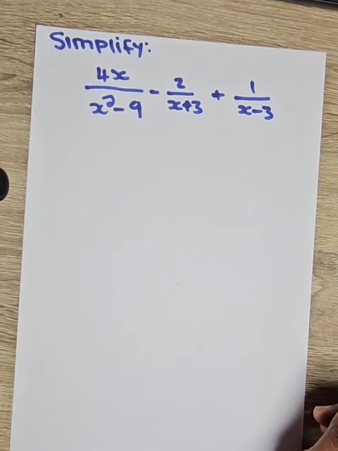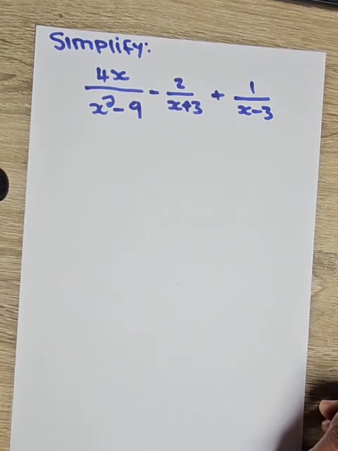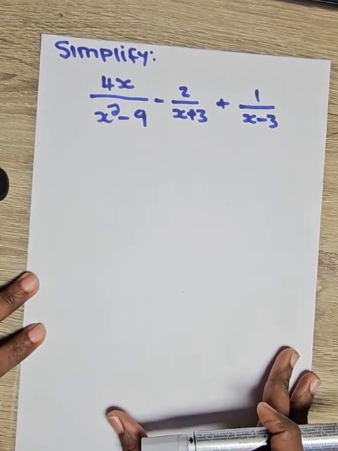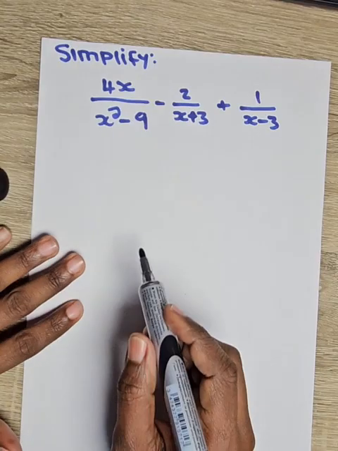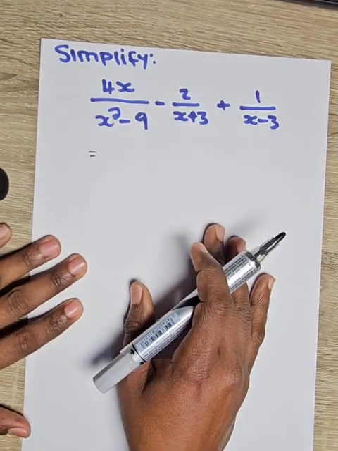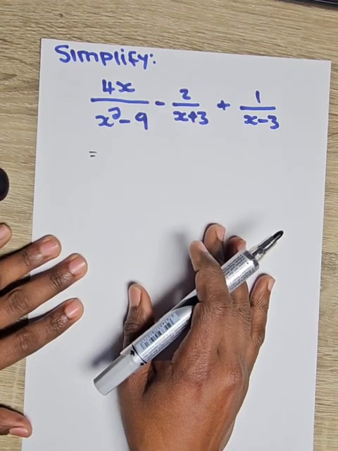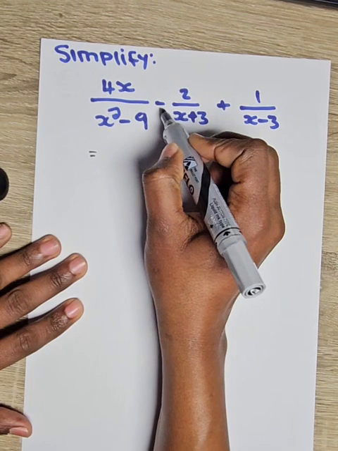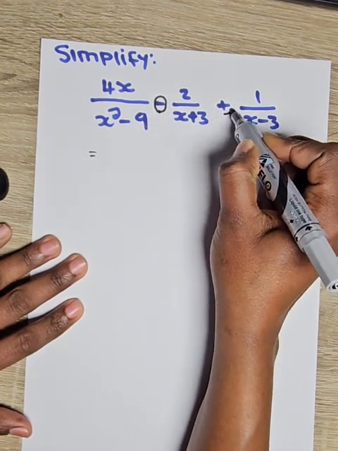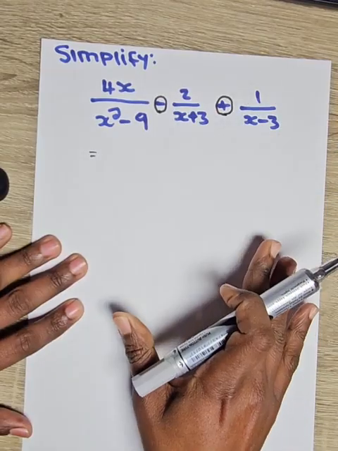And secondly, we must always remember we have to get fractions with fractions. So keep being with me and watch the steps that I am taking. Before you simplify, you must make sure to see you have operations of minus and plus.